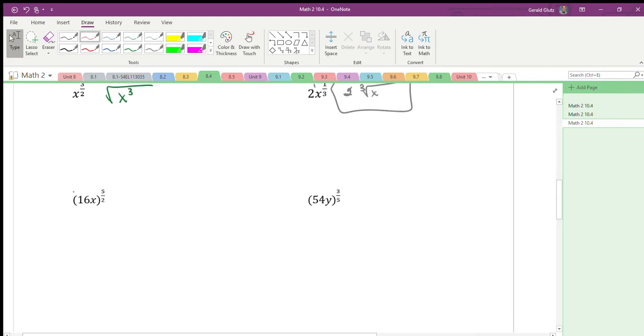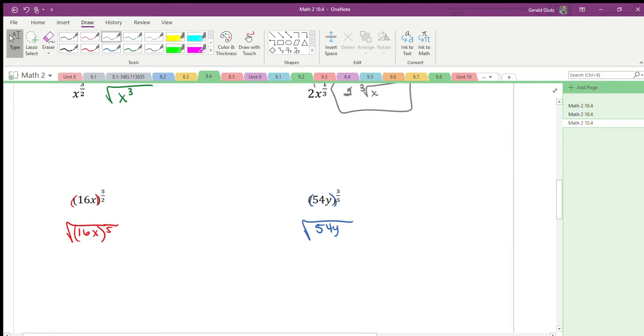So (16x), all in parentheses, to the 5/2. That means 16x is the entire base, so that's going to go inside of the radical. Its exponent is going to be 5. Root would be 2. If you wanted to write 2, you can, but you don't have to. And then again, parentheses, so that means that's the base.